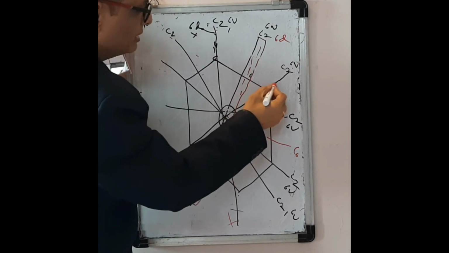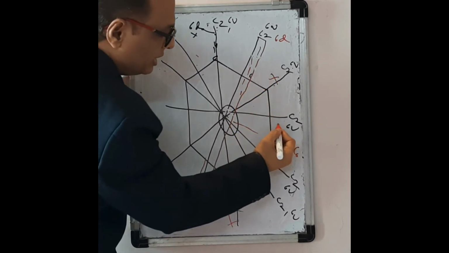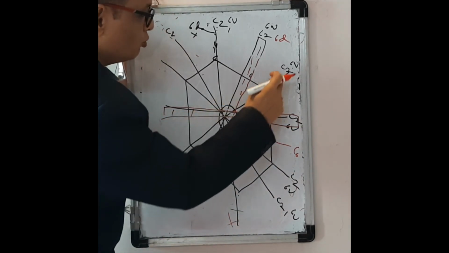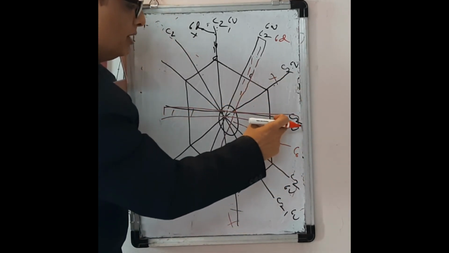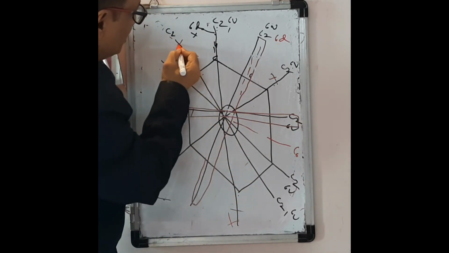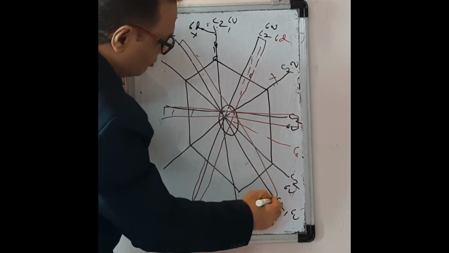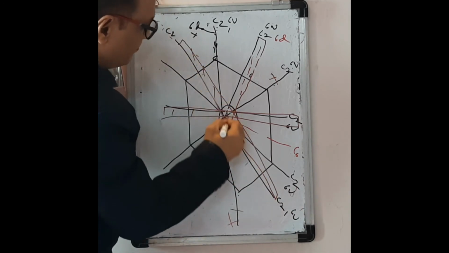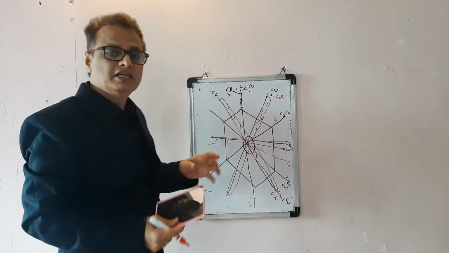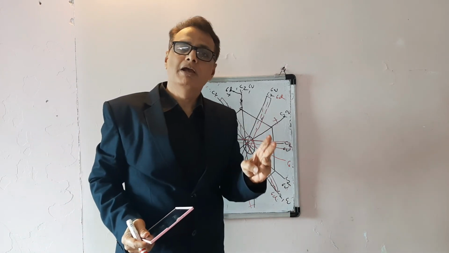Similarly, this should be considered as a dihedral plane of symmetry because it bisects two perpendicular C2 axes which contain the minimum number of atoms. Similarly, this should also be considered as a dihedral plane of symmetry. So benzene contains 3 dihedral planes of symmetry.